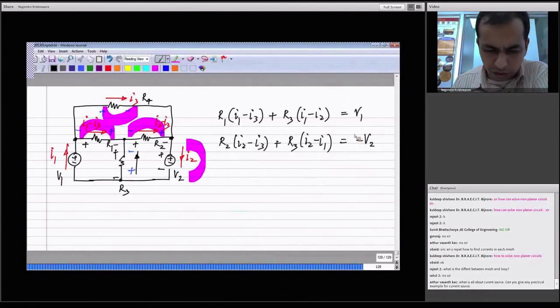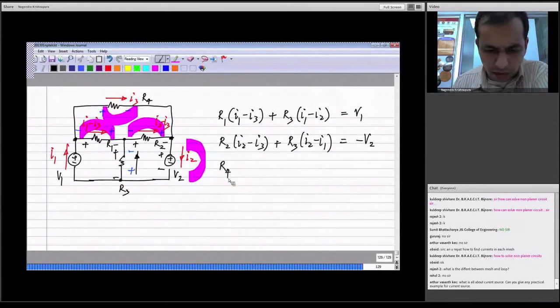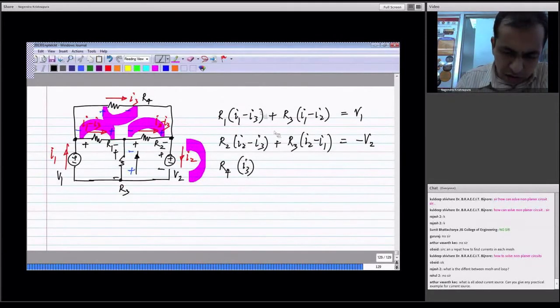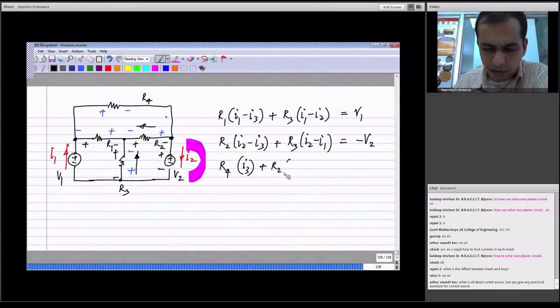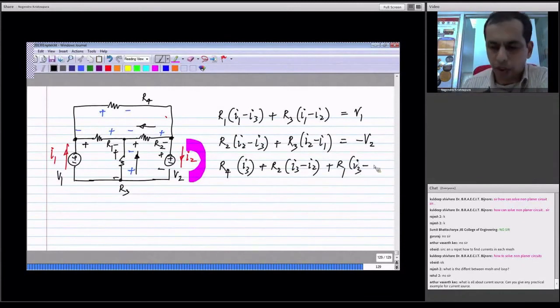So R4 times I3, that is the only current flowing through R4, and for the voltage drop in this direction, I have to take the current in that direction, which is I3 minus I2, plus R1 times I3 minus I1, and this will be equal to 0. Okay.